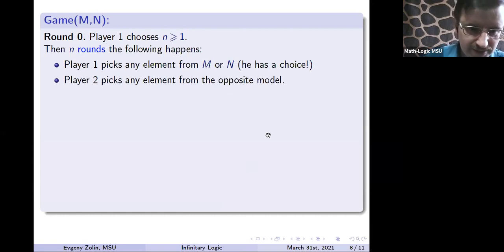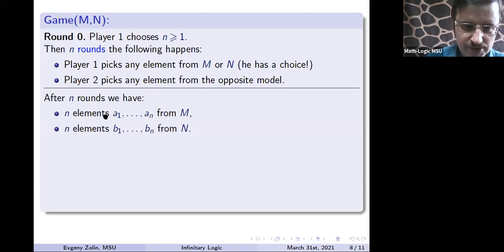The second player replies. His move is the following. He takes the element from the opposite model. So if the first player chose M, then the second takes the element from N, and vice versa. So at the first round, the two players take some elements A1, B1. It doesn't matter which of them takes from M and which from N. At the second round, A2, B2, and so on.